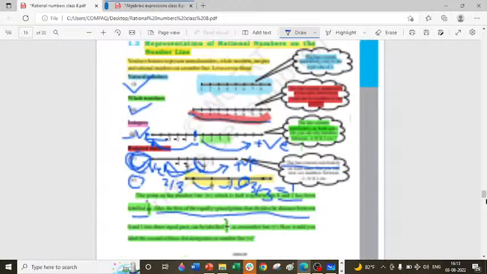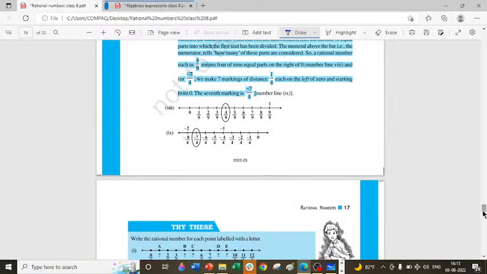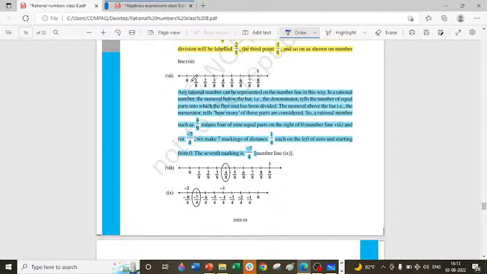So I hope we are clear here. अभी हमने पढ़ा कि हम कैसे एक नंबर लाइन में पार्ट्स को डिवाइड कर सकते हैं, और हम इसे कैसे 0 से लेकर 1 तक रिप्रेजेंट कर सकते हैं. और अगर ये नंबर लाइन 8 पार्ट्स में डिवाइड किया गया है, तो पहला पार्ट आपका होगा 1/8, दूसरा होगा 2/8, तीसरा होगा 3/8, चौथा होगा 4/8, so on 8/8. And when we simplify 8/8, we already know we will get 1.